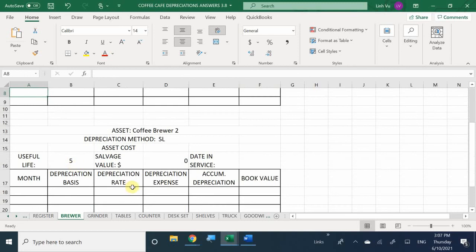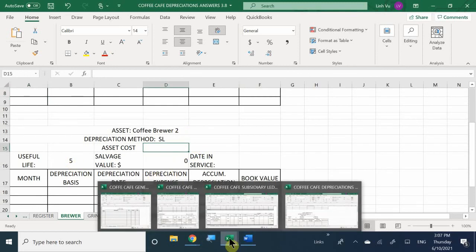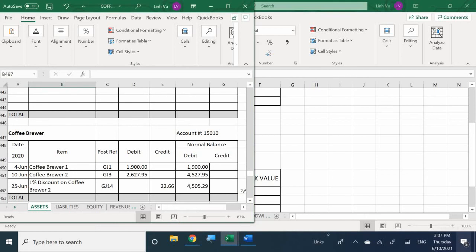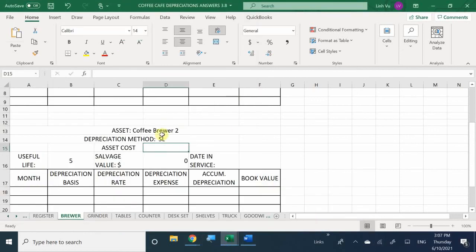What about my second coffee brewer? How much did I purchase it for? $2,627.95. Correct. But that's what I originally purchased it for.